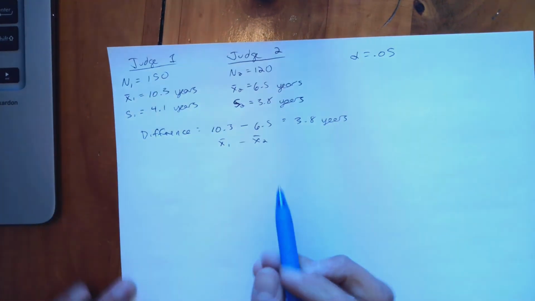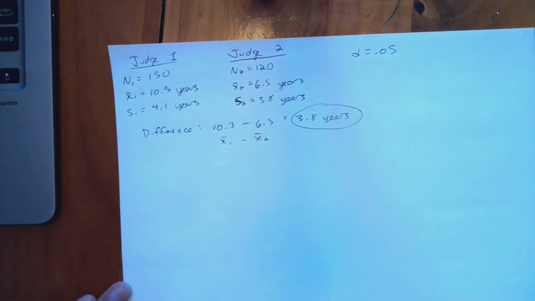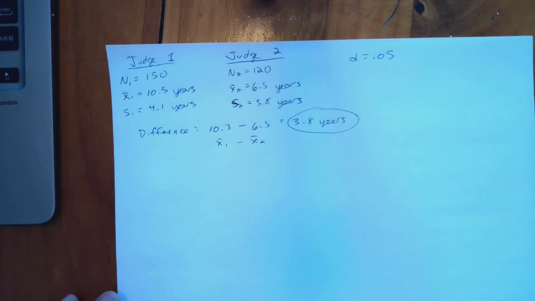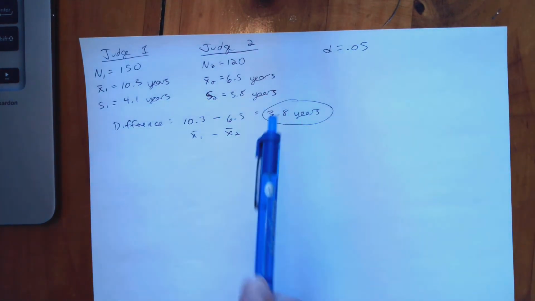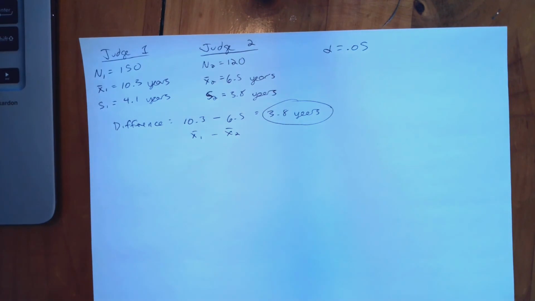The difference in sample means is 3.8 years. The question we're going to answer with the hypothesis test is: is this difference of 3.8 years large enough to give us evidence that Judge 1 and Judge 2 assign different sentences to defendants?